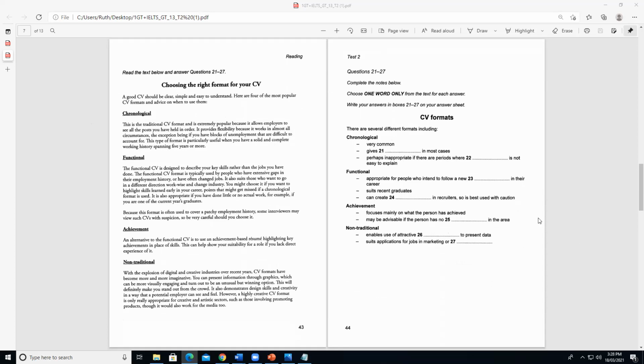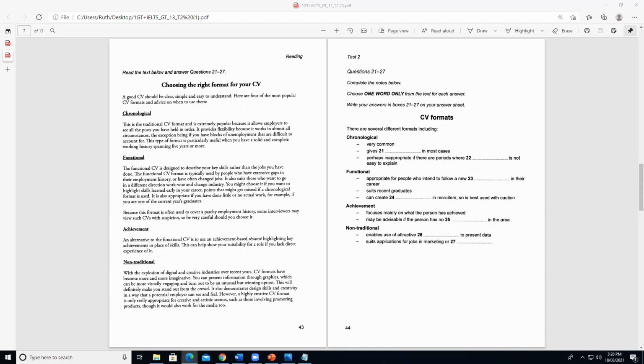The second one is unemployment. The third one is direction. Fourth one is suspicion.